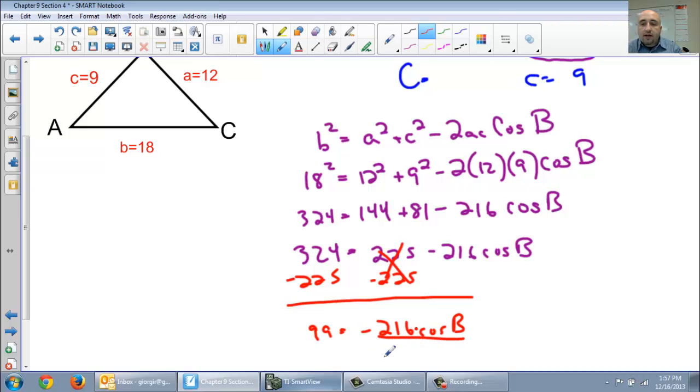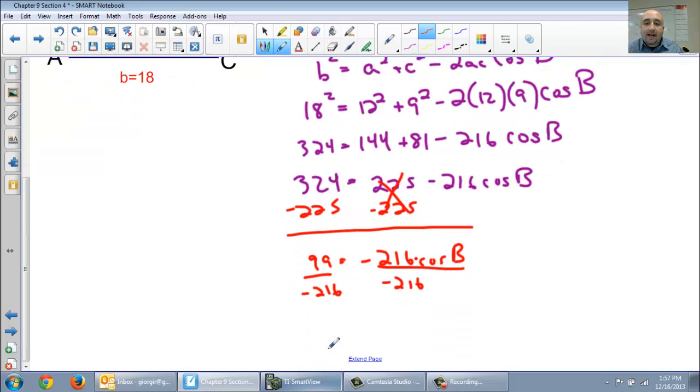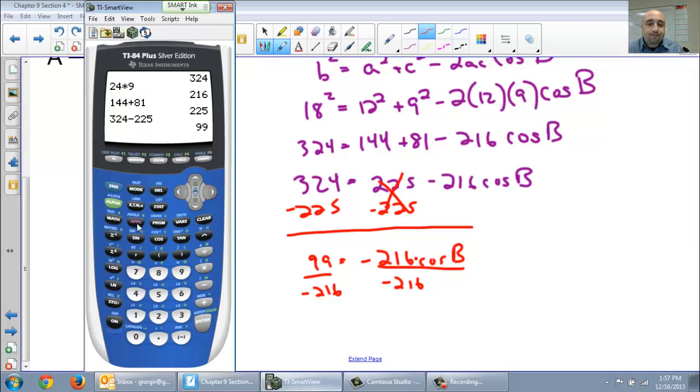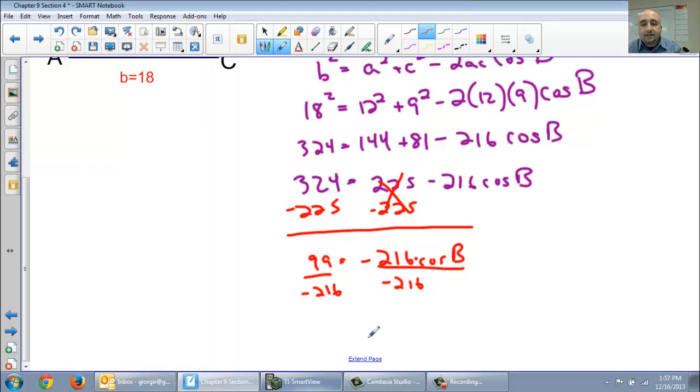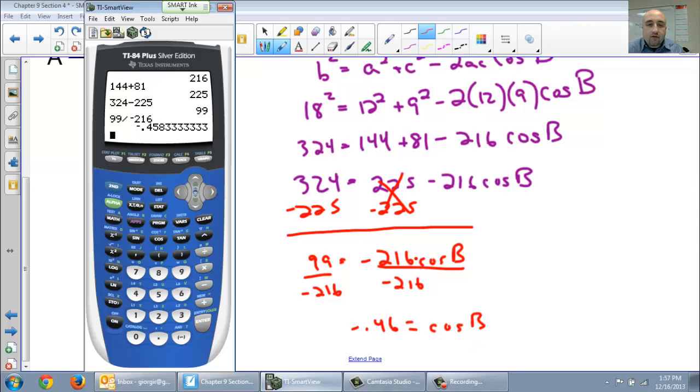So how do I get rid of multiplying? I divide by negative 216. So 99 divided by negative 216 equals negative 0.458, so negative 0.46. Negative 0.46 equals cosine of B. Let me make sure I didn't get that wrong.